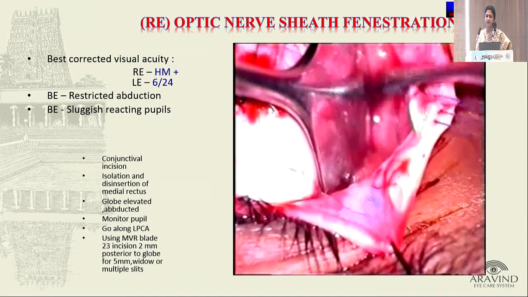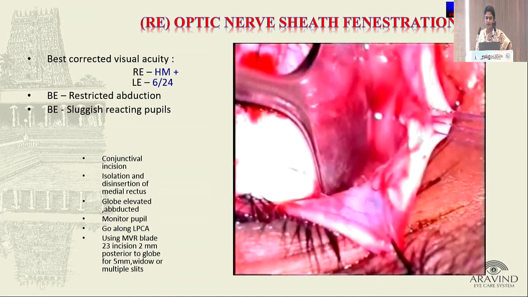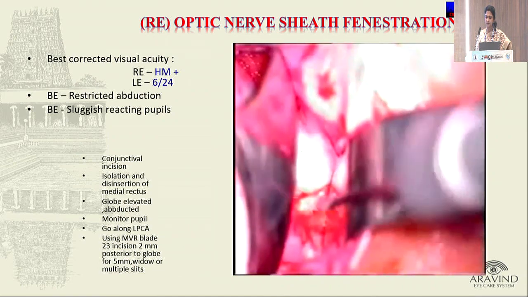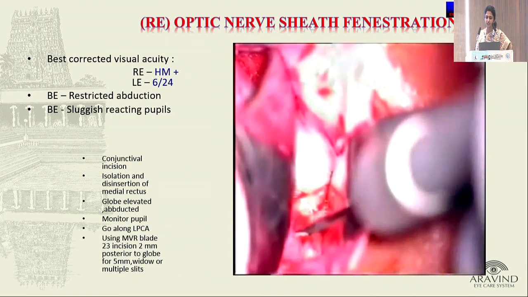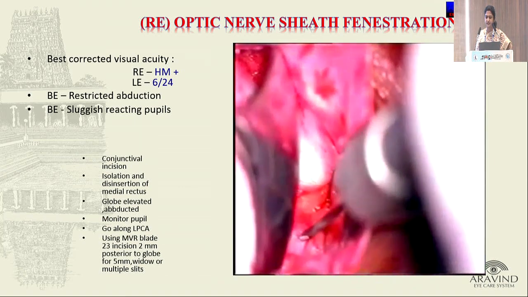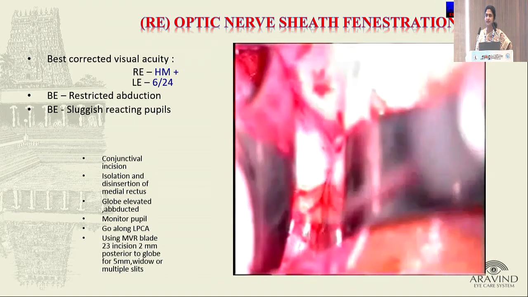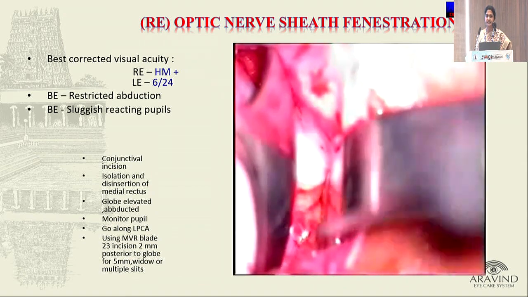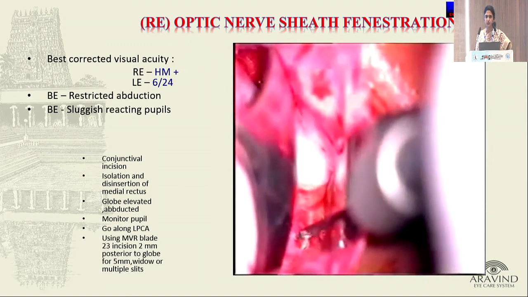Now recently I've started using the paracentesis knife as well. Make a nick on the optic nerve sheath carefully, and you can see the gush of CSF, and you can make multiple nicks in order to create a window.